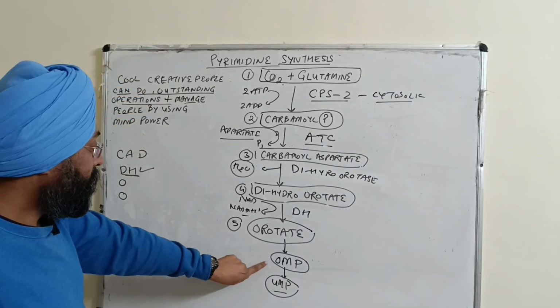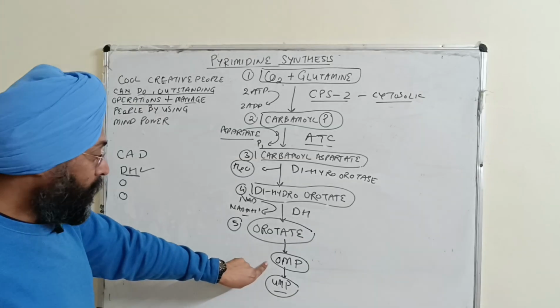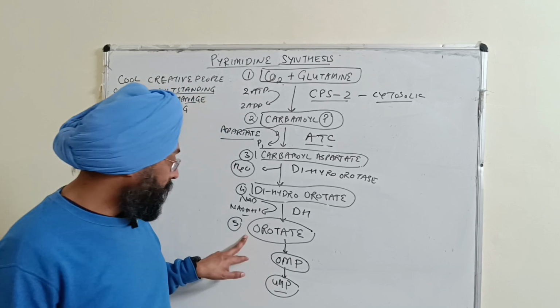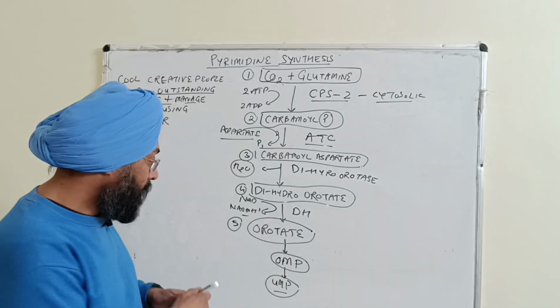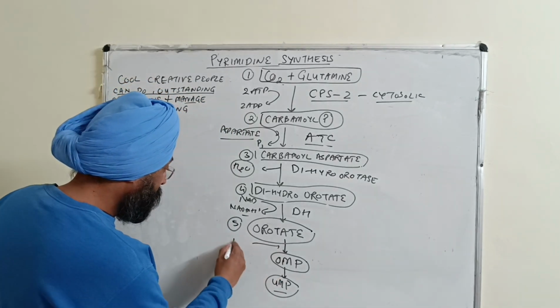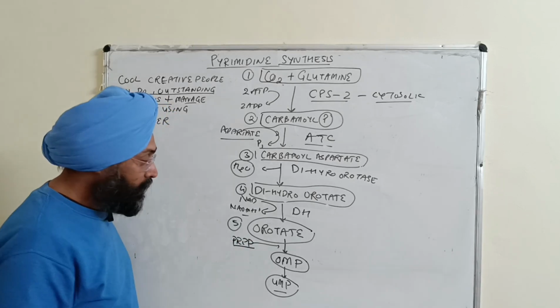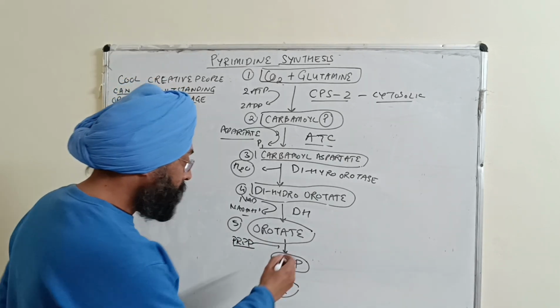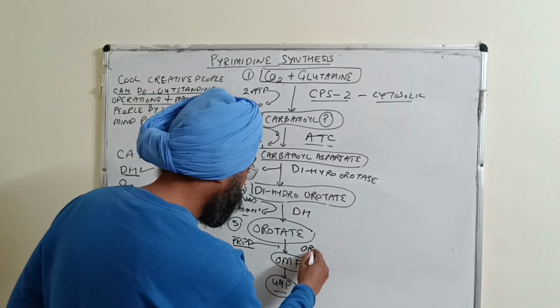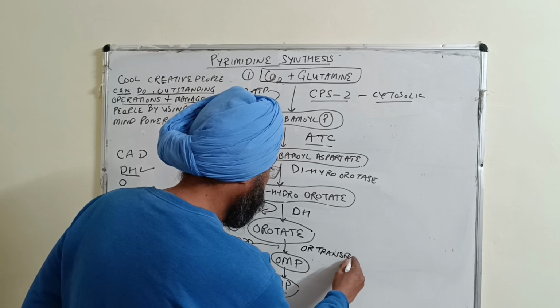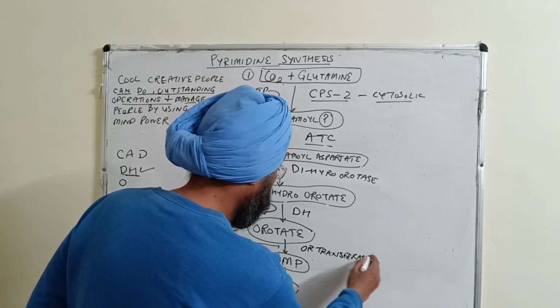From orotate, we'll get our OMP, that is our orotidine monophosphate. And this reaction is catalyzed by a PRPP, phosphoribosyl pyrophosphate dependent reaction. And here the enzyme is orotate phosphoribosyl transferase, right?